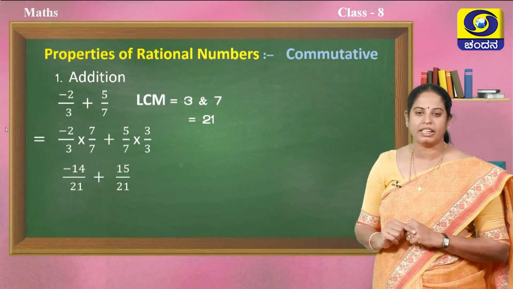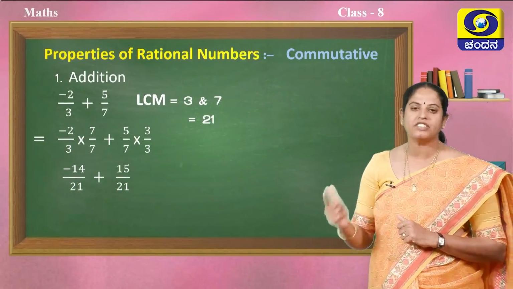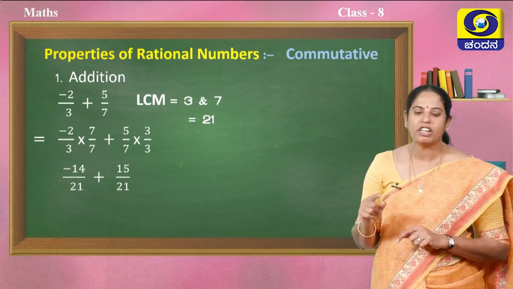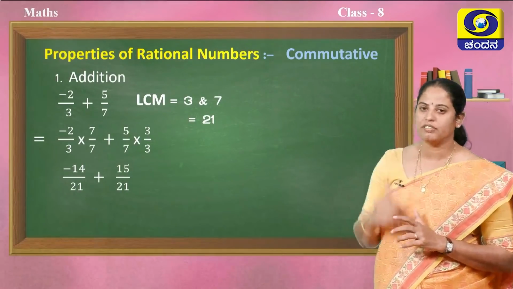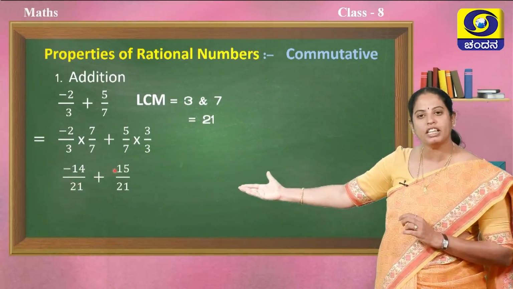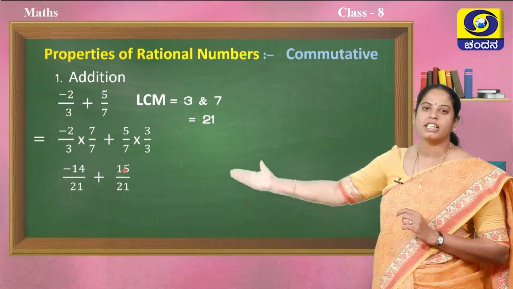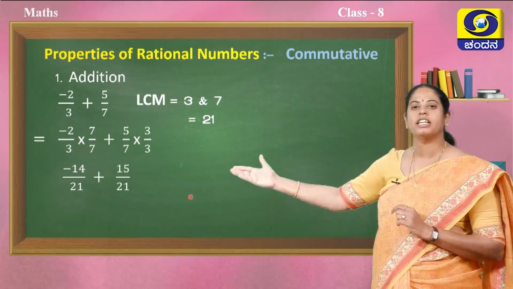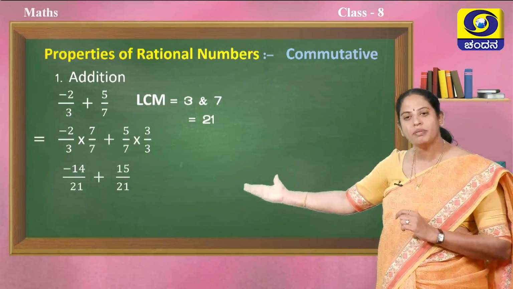After multiplying, I am getting the first fraction as -14/21, which is the equivalent fraction of -2/3, we know. And the second rational number is 15/21, which is the equivalent fraction of 5/7. Now, I got the rational numbers with the same denominator.